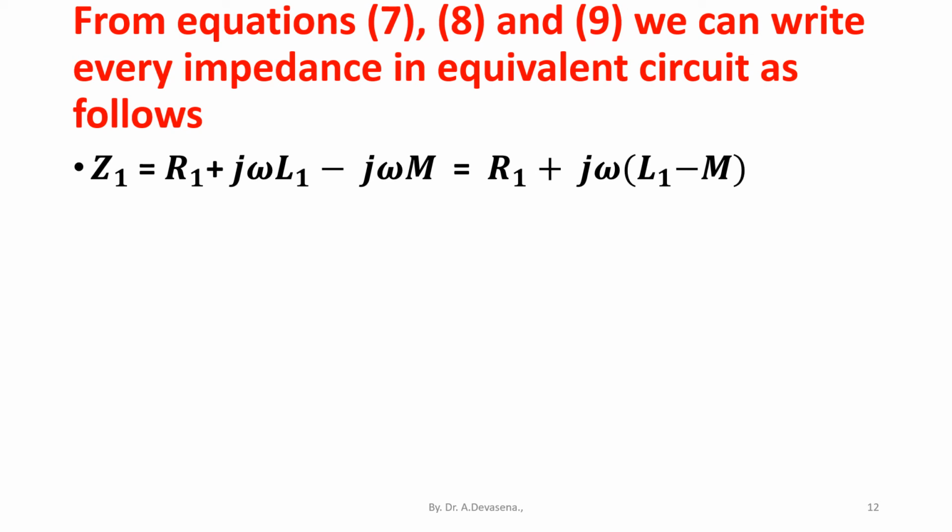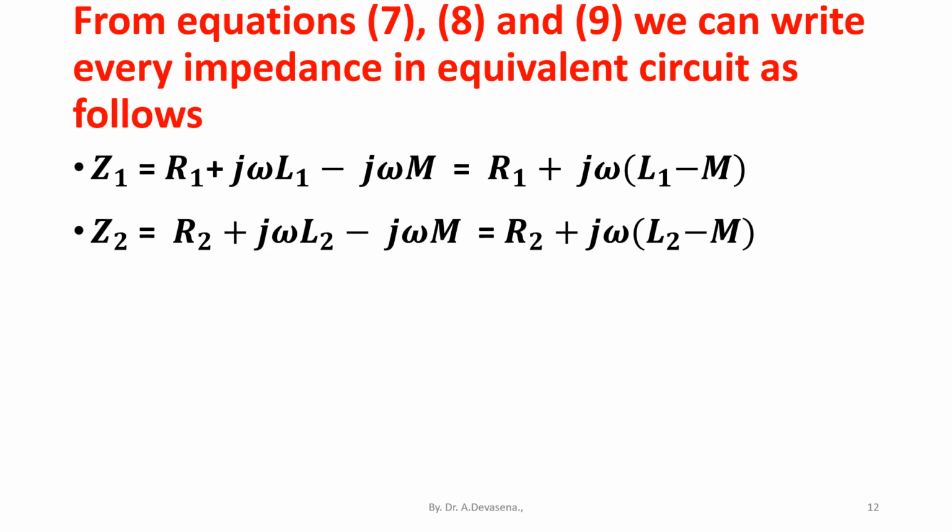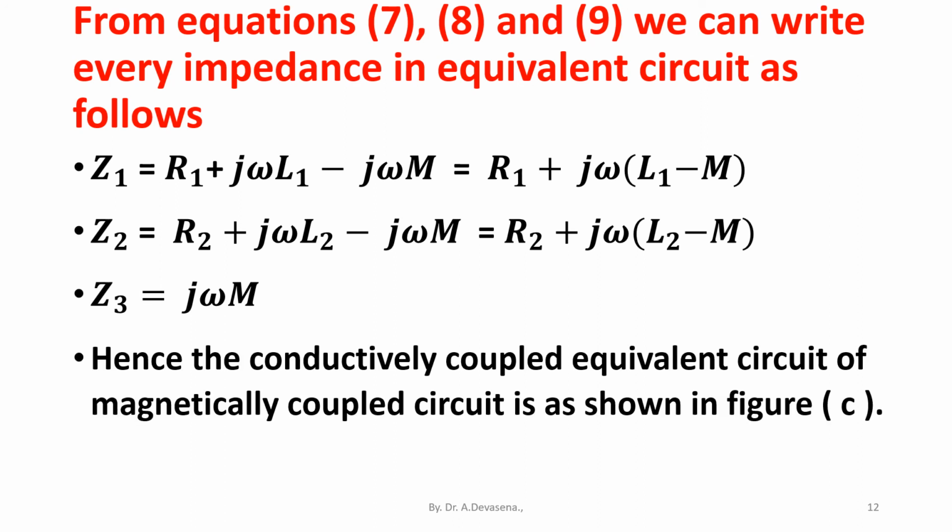This is the value of Z1. Similarly, if we substitute Z3 equal to j omega M in equation 8, it becomes Z2 is equal to R2 plus j omega L2 minus j omega M, that is equal to R2 plus j omega into (L2 minus M). And we already obtained the value of Z3: Z3 is equal to j omega M.